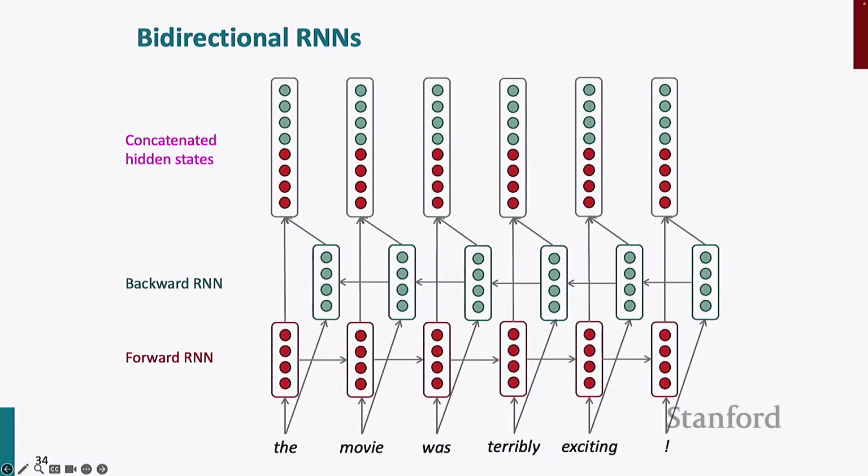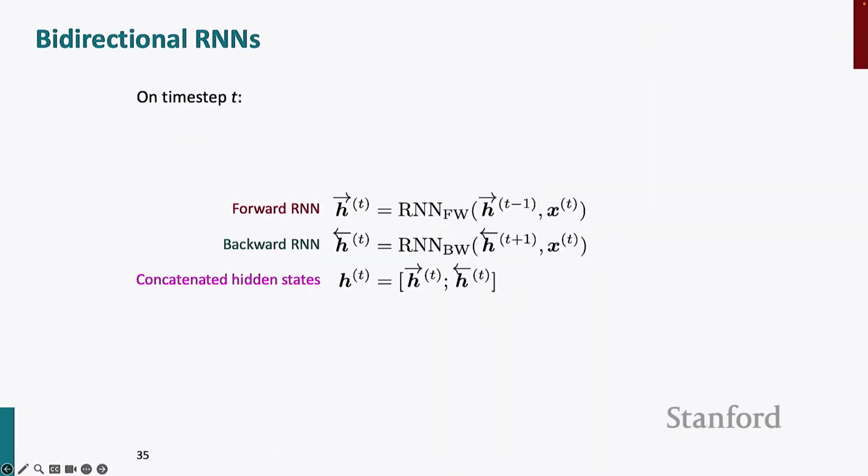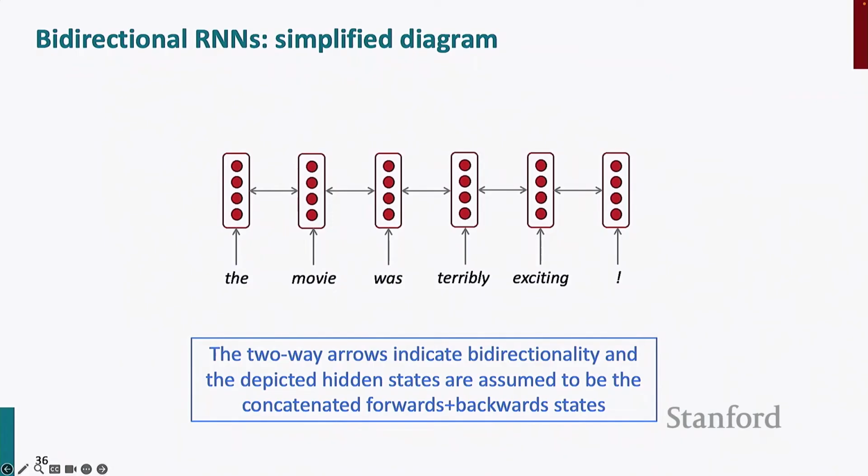These networks were pretty widely used. We were running a forward RNN, a backward RNN, and concatenating the states together. Those were commonly written like this to suggest in a compact way that you're running a bidirectional RNN.